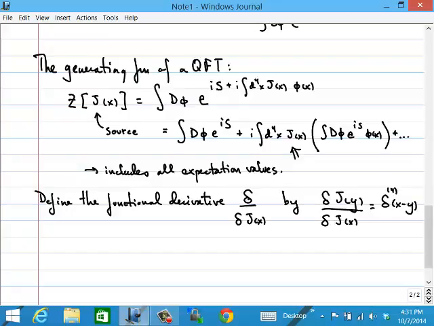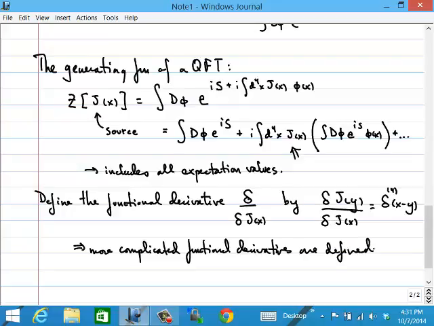Okay. And then, so that's the basic functional derivative. And more complicated functional derivatives are then defined by the chain rule, the usual chain rule of calculus.